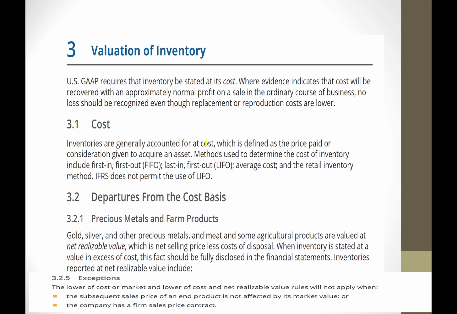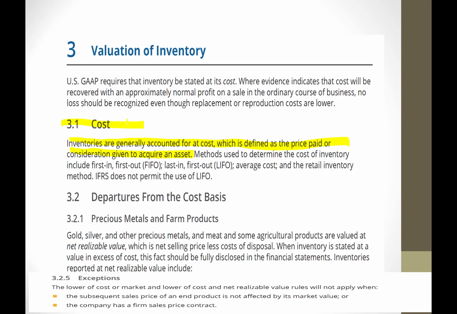Okay. So now that we know what items to include, let's see how we should value those, okay? And typically we're going to value them at cost, okay? And we say that inventory is accounted for at cost, which is defined as the price paid or consideration given to acquire the asset. Now, that includes what?